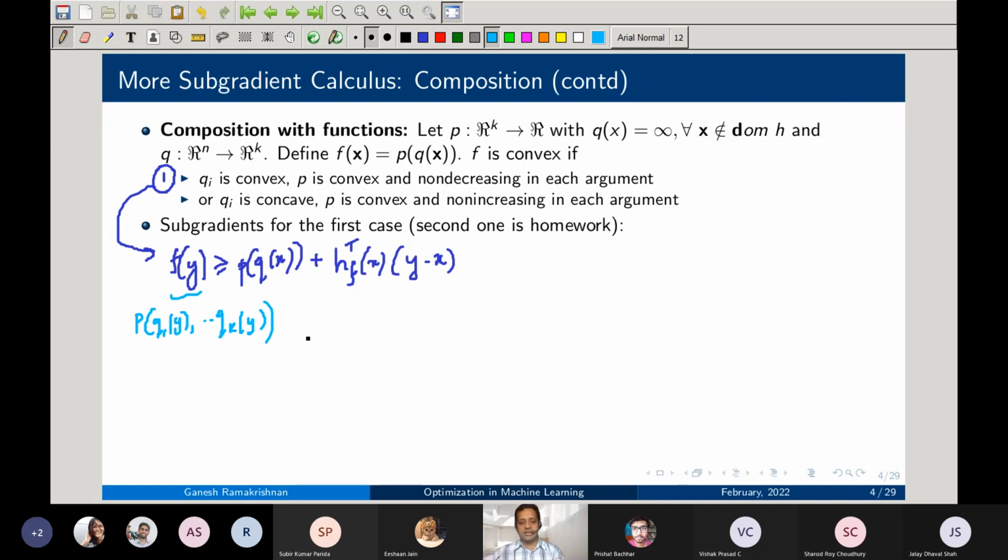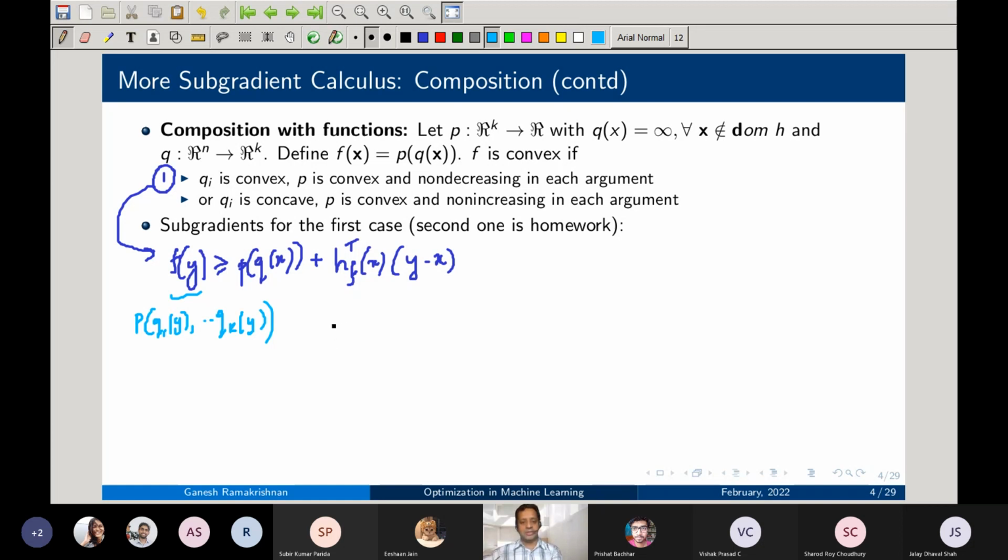The first thing to realize is that each Qi(x) plus h_Qi transpose (y minus x) is also a scalar. So we can go through that intermediate step.